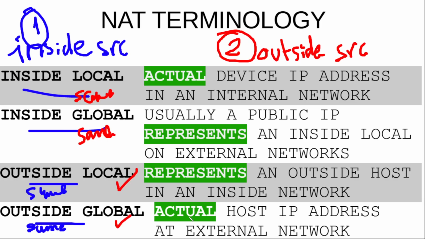So the outside global is the actual host IP address as it was configured on an external network, and the outside local is the translated IP address that represents an outside host in an internal network. So if you're using this, you are instructing your device to change the outside global IP address into an outside local, and the inside local and the inside global will remain the same.